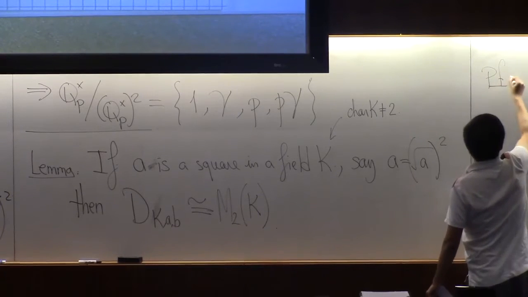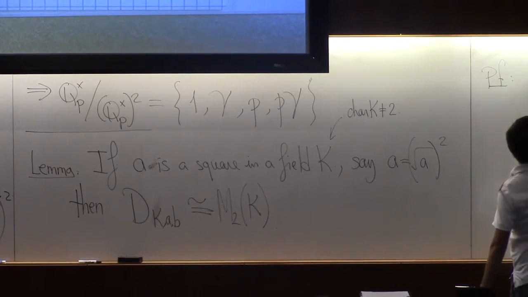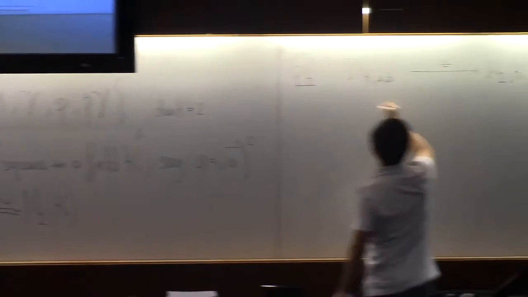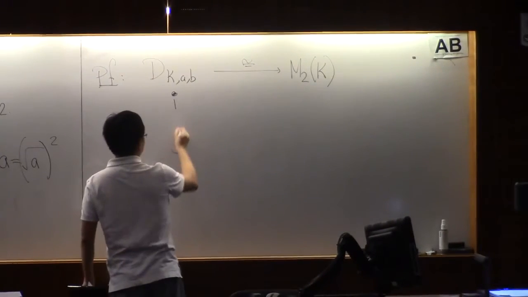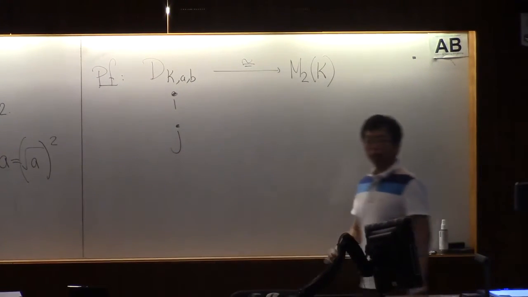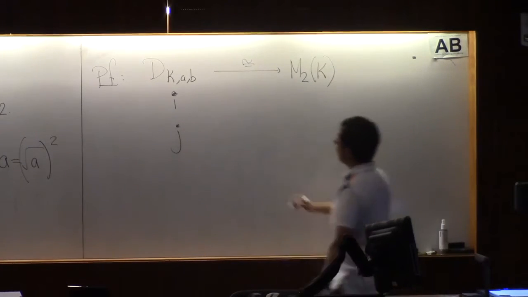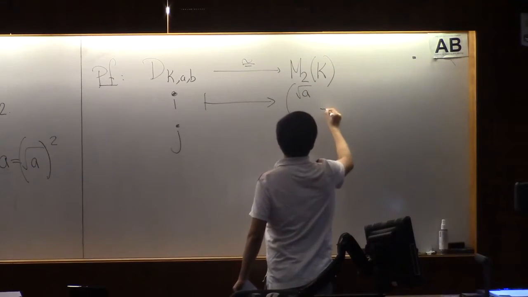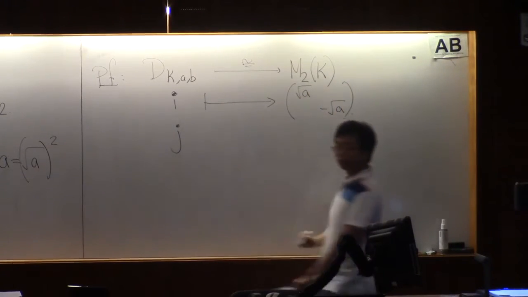So proof. I'm actually going to write down the isomorphism. Essentially, I want to specify where i and j go. For i, I want to send it to the diagonal matrix with root of a and negative root of a.